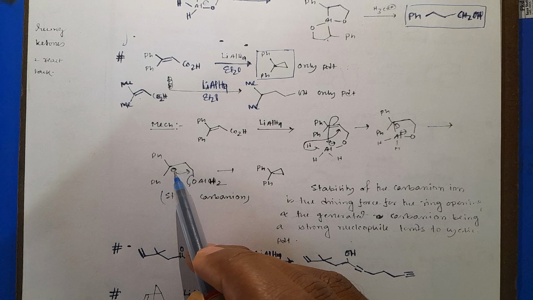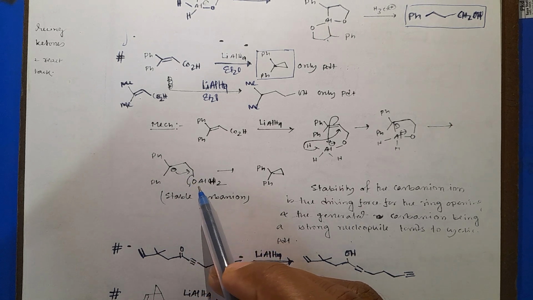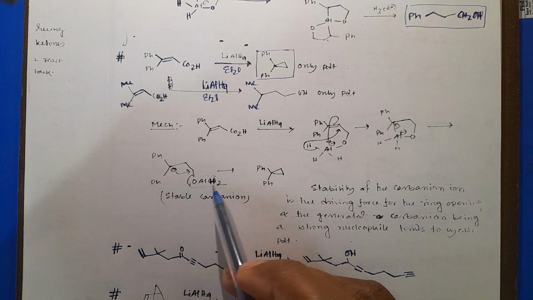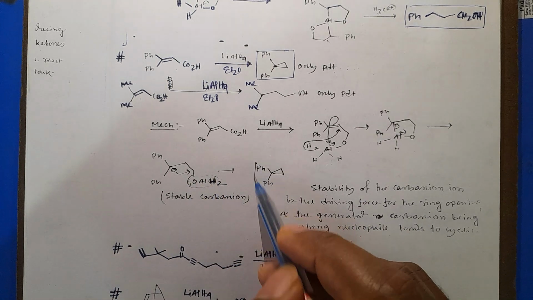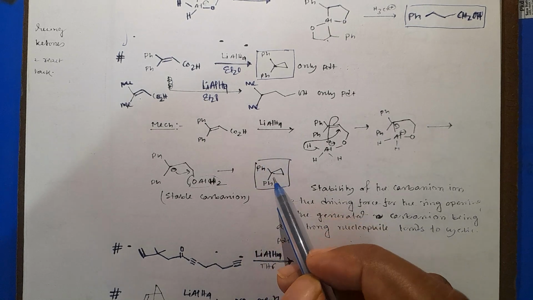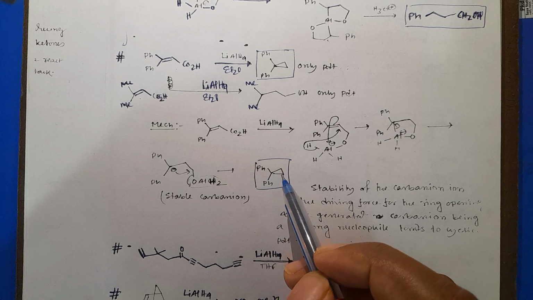That carbanion, the negative charge, can act as a good nucleophile and will attack there, and this particular group goes out from the reaction mixture, and as a whole it will provide this cyclopropane compound. You can see, the 1,1-diphenyl cyclopropane compound.